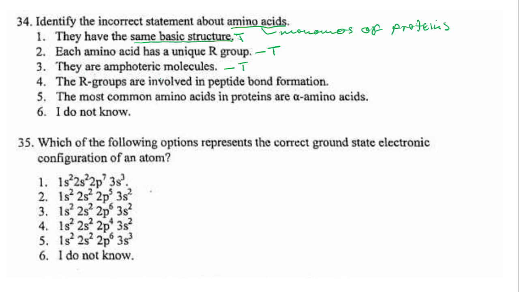Them being amphoteric molecules simply means that they are able to control the pH of the environment. Let's say the pH of a cell is being controlled by these amino acids or proteins.